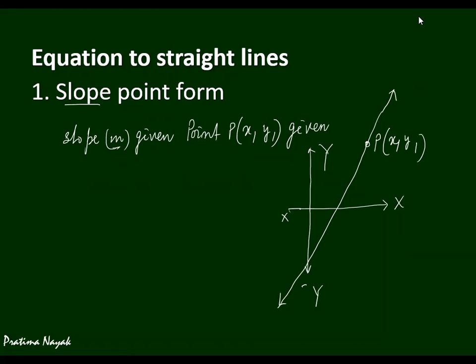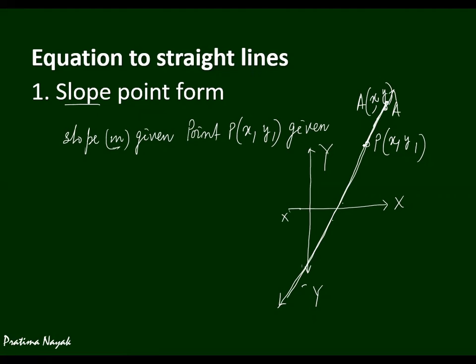Then what to do? I'm taking a point A, whose coordinate is x comma y. It is a variable point. A can be here, A can be here, because a line is nothing but a locus of points, a collection of points. So it is a variable point A, x comma y.